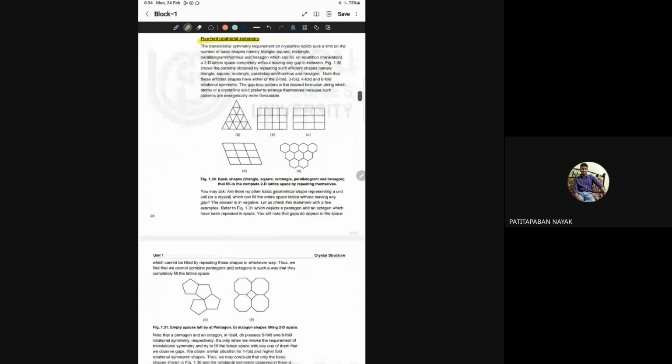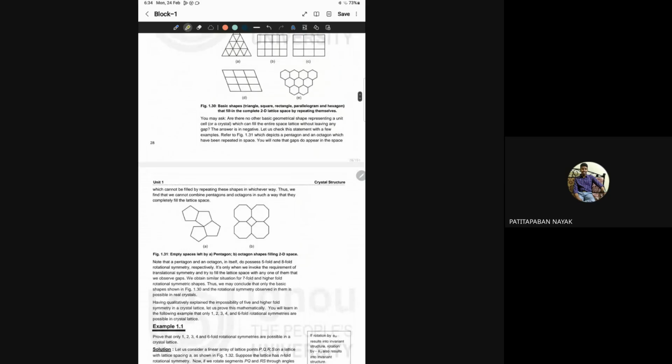But if it is a pentagon, there will be empty spaces which cannot be filled by pentagons. Similarly, if it is an octagon, you will also have empty spaces.